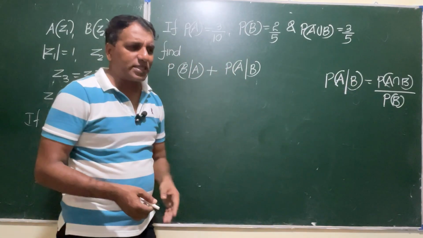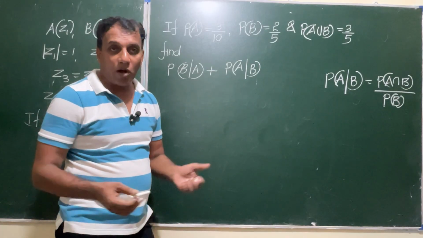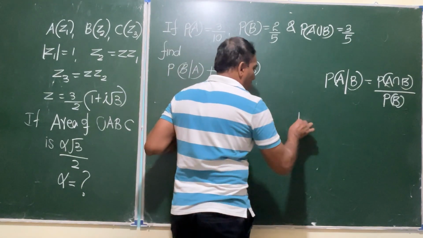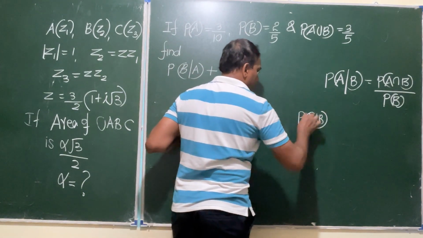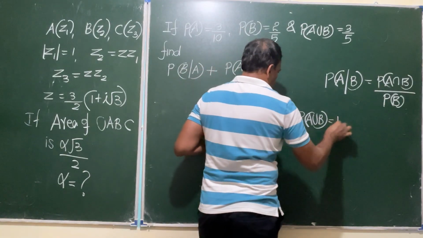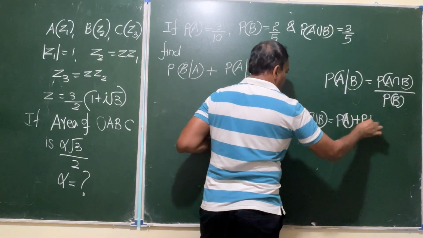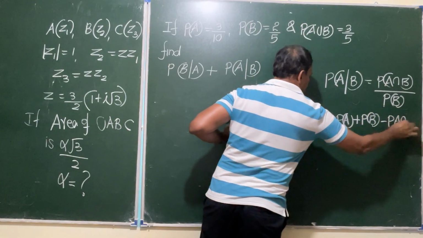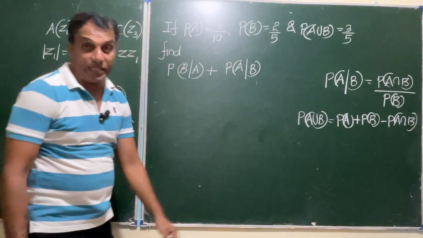Therefore, go back to the simple probability formula about the union and intersection. The probability of A union B equals the probability of A plus the probability of B minus the probability of A intersect B. This is the probability rule, like in set theory.